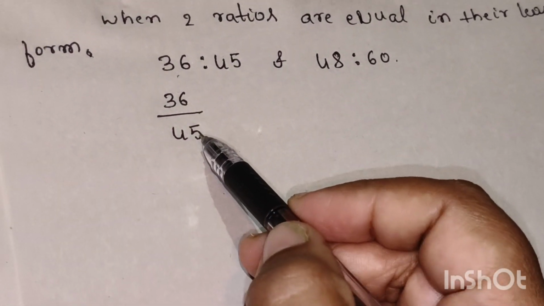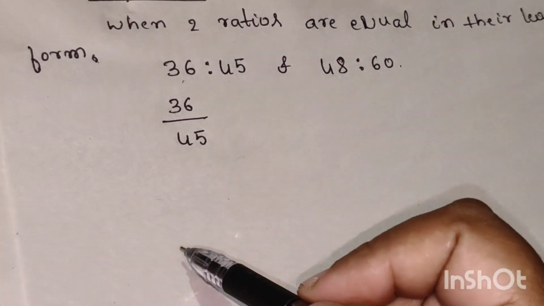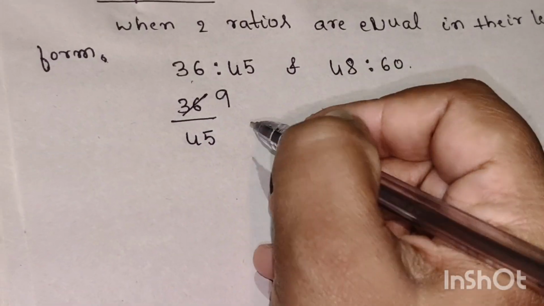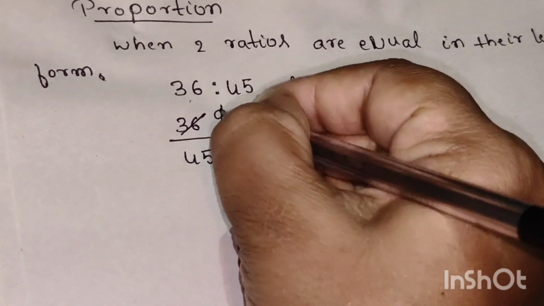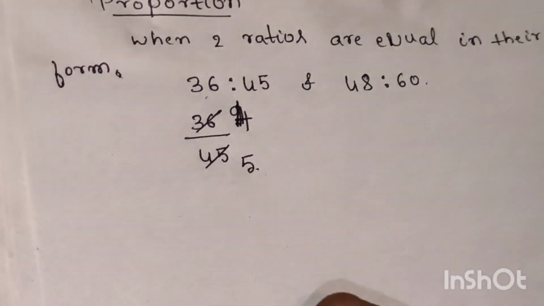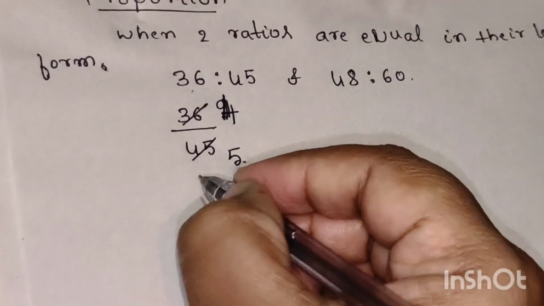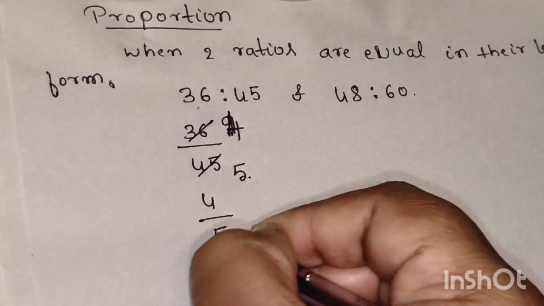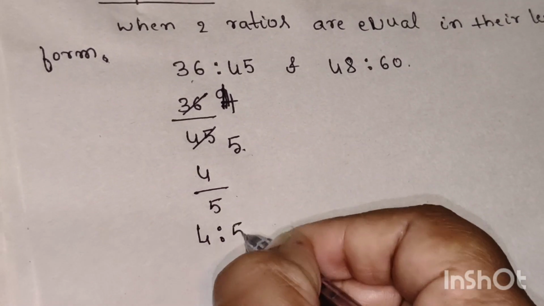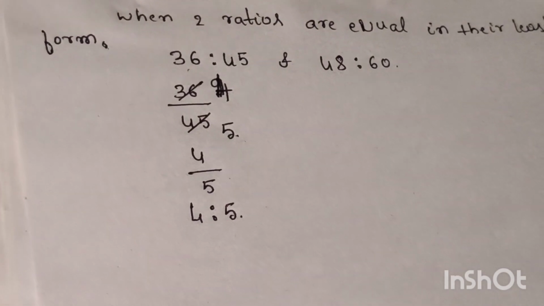These numbers are cancelled in the 9 table. 9 fours are 36, 9 fives are 45. So 4 divided by 5 means 4 is to 5.